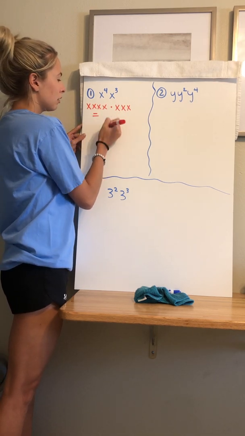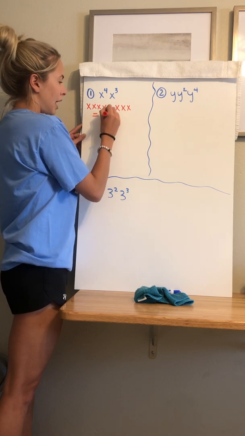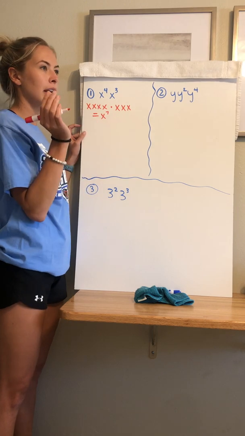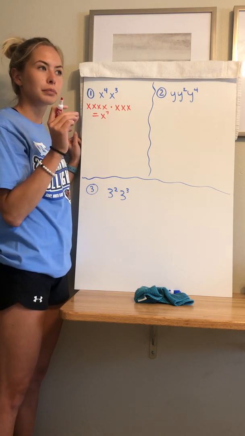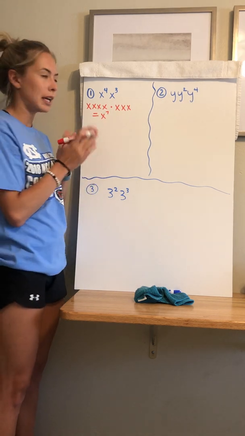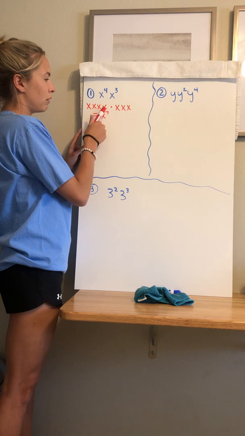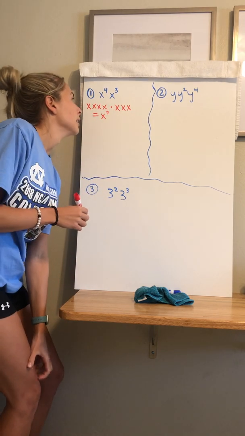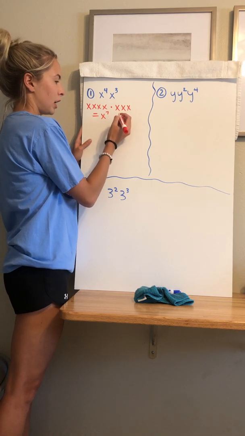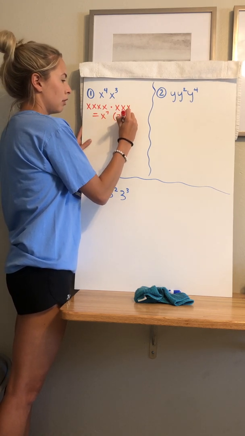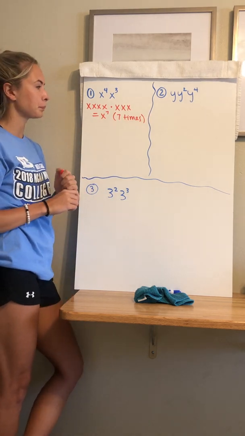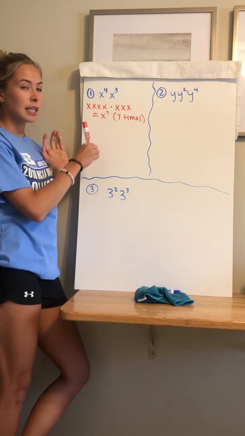And this is x to the 7th, because like we did in lesson 1, our exponent is how many times your base is being multiplied together. So here's 1, 2, 3, 4, 5, 6, 7. Our final simplified expression is x to the 7th because x is being multiplied together 7 times. So this is the expanded way.